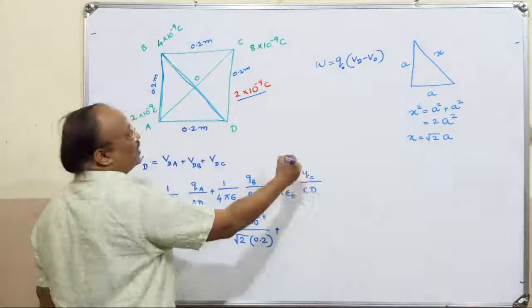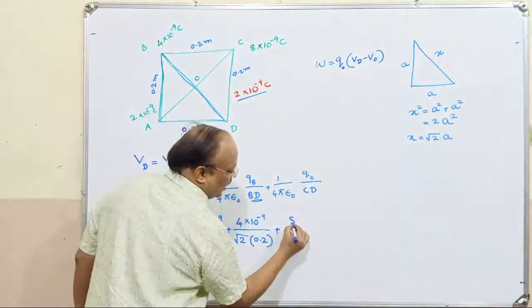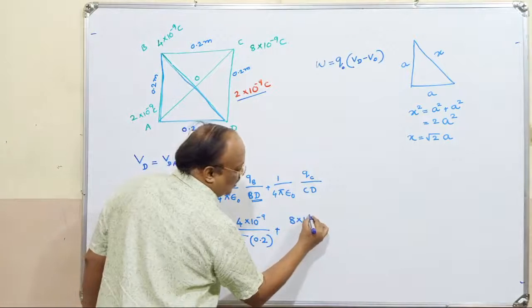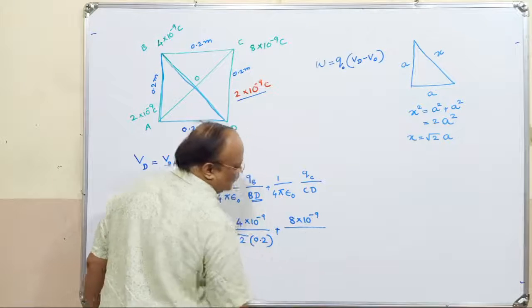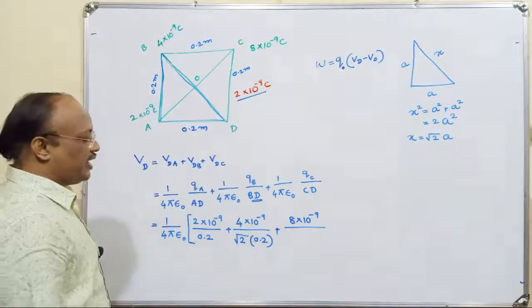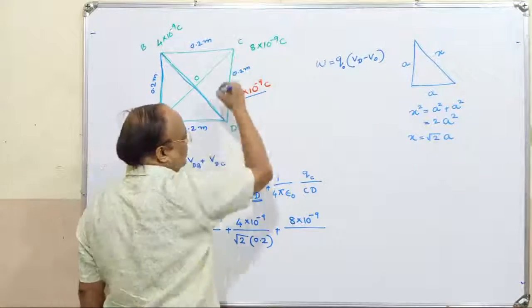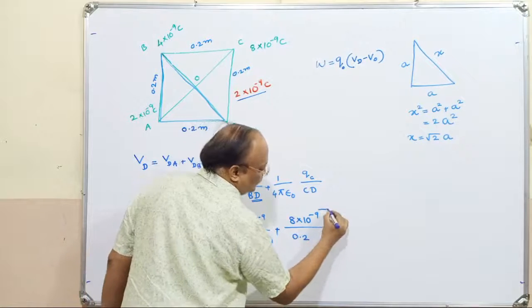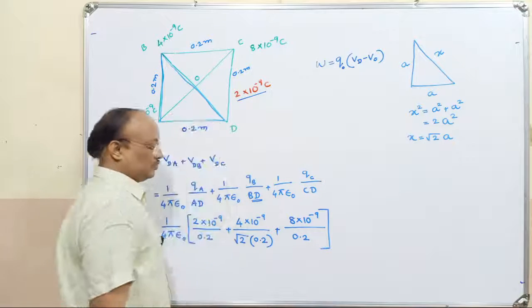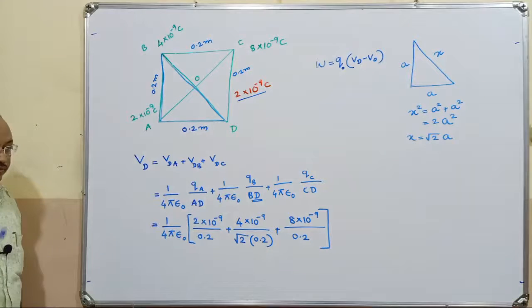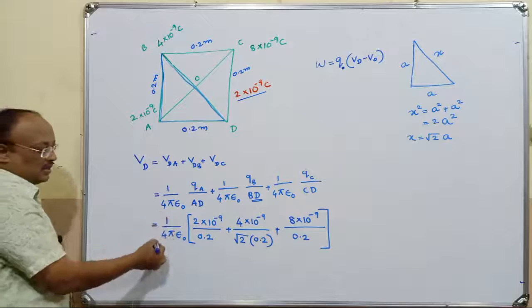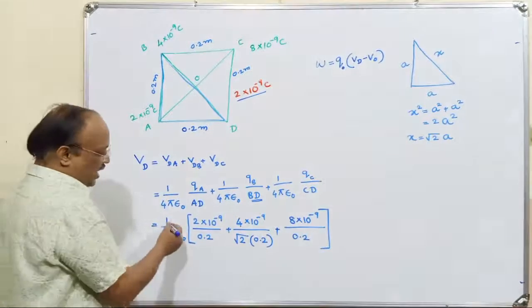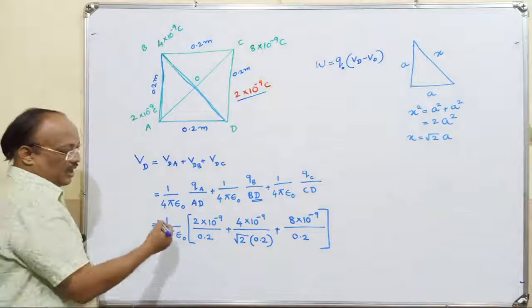Plus QC, 8 into 10 to the power of minus 9, divided by CD. How far it is? It is at a distance of... this is 1 by 4 pi epsilon naught, 9 into 10 to the power of 9.